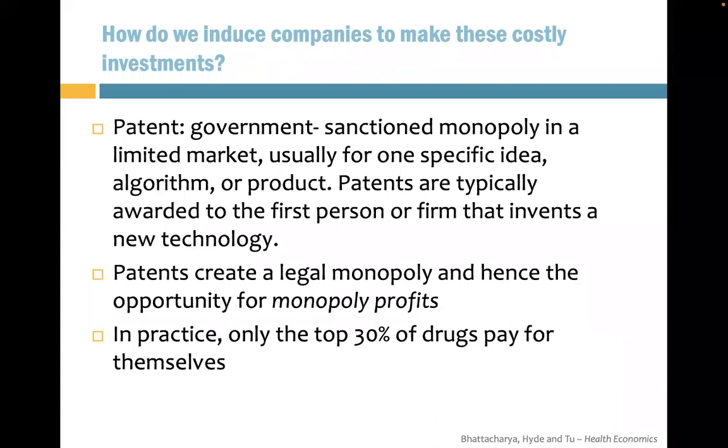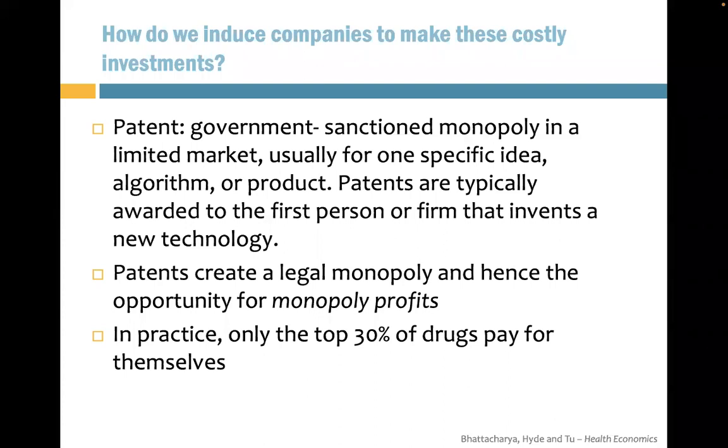Okay, so once we have approved a new drug, the company that developed it is going to get a patent. A patent is a government-sanctioned, law-protected monopoly in a limited market, usually for one specific idea, algorithm, or product.